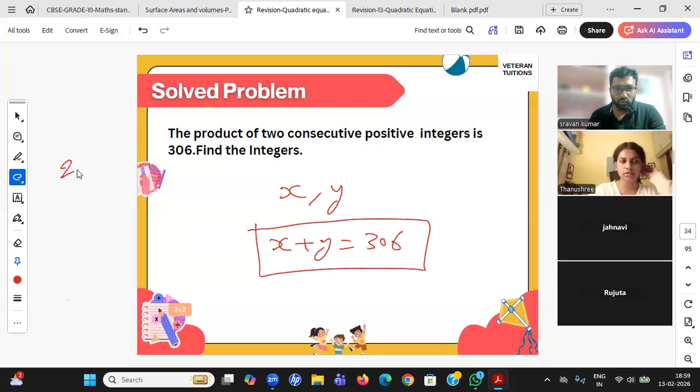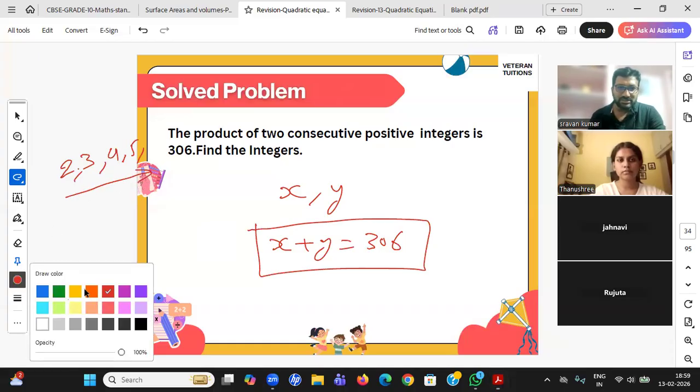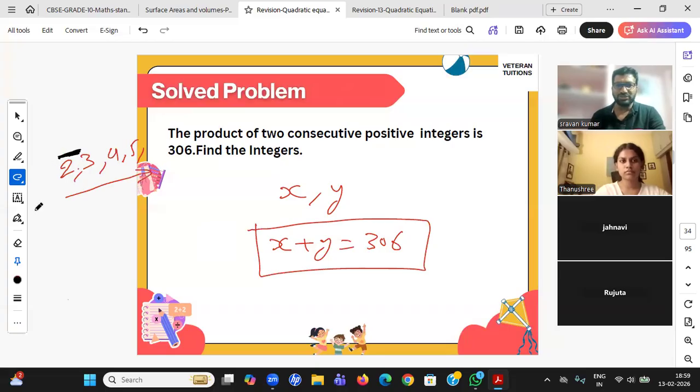You see, students, 2, 3, 4, 5, these are the positive integers. Consecutive means side by side. 2 and 3 are consecutive positive integers, 3 and 4 are consecutive, 4 and 5 are consecutive. So instead of taking x and y, you can just take x and x plus 1.